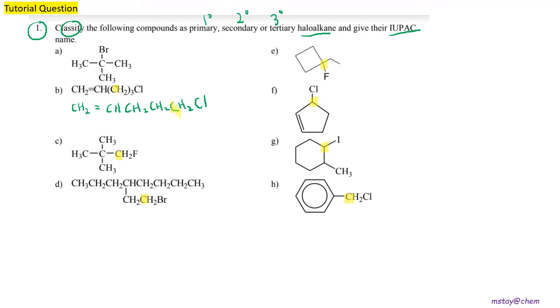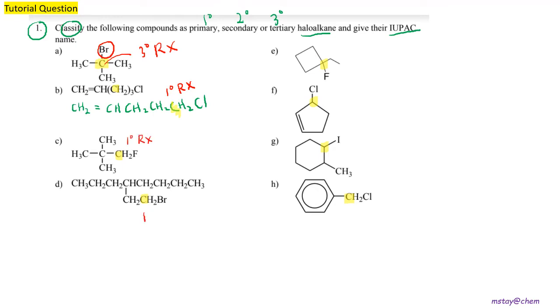Due to the first carbon being bonded to this carbon, this is a tertiary carbon. Therefore, this haloalkane will also be considered as tertiary haloalkane. Okay, this carbon is primary carbon, so we'll consider it as primary haloalkane. Same case for structure C, also primary haloalkane.